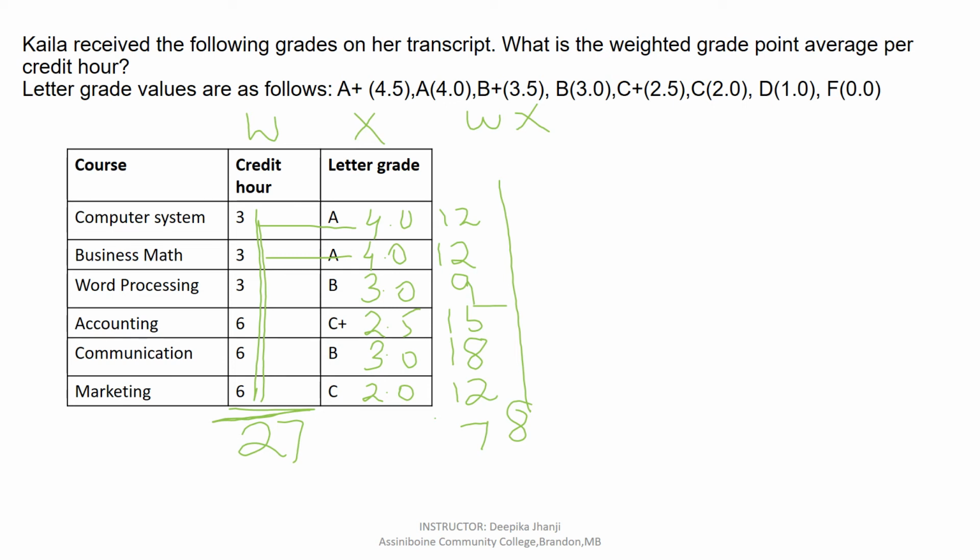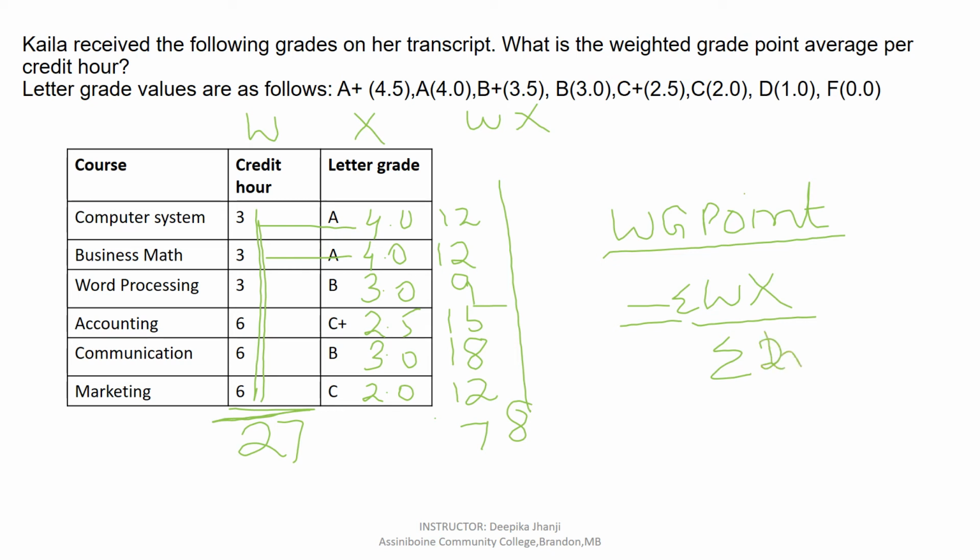Now weighted grade point is the sum total of WX divided by the sum of all the weights, that is the summation of W.